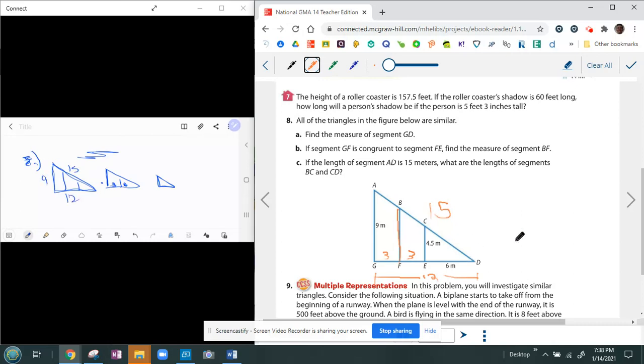And what are we looking for? This is CD on the little one, so we can get that one now. Because if I'm making that x, I'm trying to figure out CD, then I just have to find a corresponding side. So I could do x and 15, and then 6 and 12.